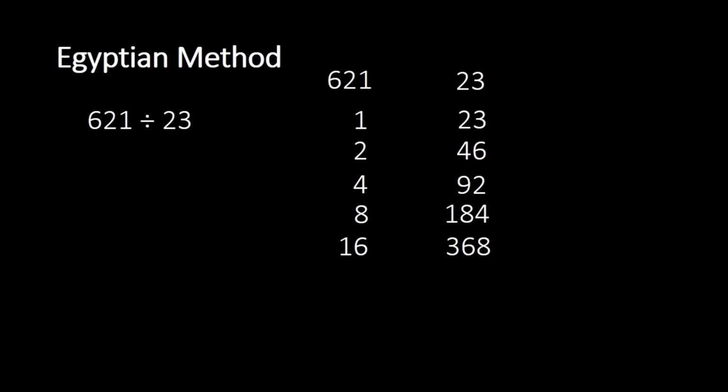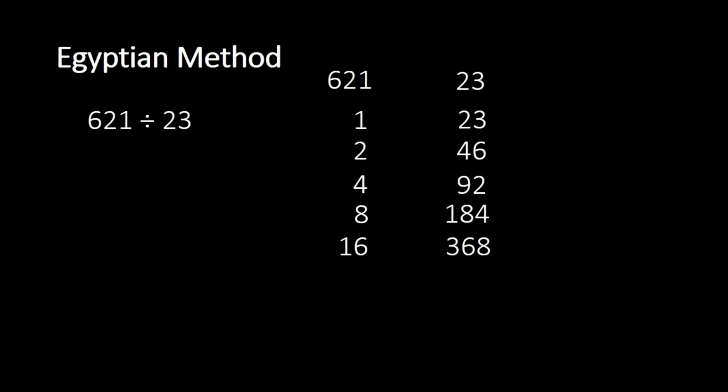Okay, so now what we have to do is determine what are the numbers on the right hand side that will add up to 621. For this method, we'll have to start from the bottom since that's going to be the largest number. 368 plus 184 is 552.